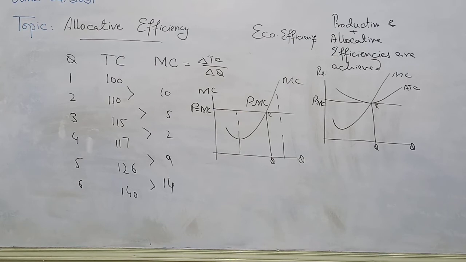So if every firm is achieving this condition of marginal cost with price and is also producing at the minimum of average cost, then that industry will be achieving economic efficiency. Or a single firm which is achieving these conditions will have economic efficiency conditions fulfilled.